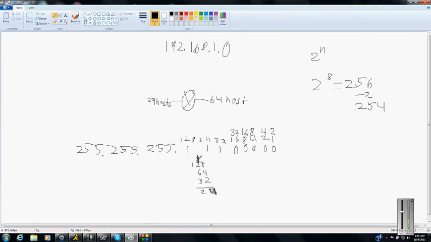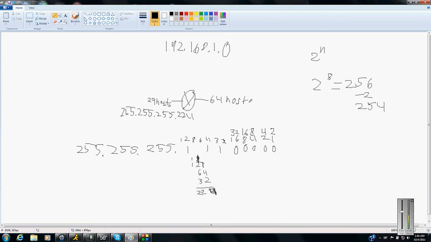That's correct. Yeah. And we carry another 1, and we're going to get 224. Okay, so 128 plus 64 plus 32 is 224, which I knew already. That's why I knew I made a mistake. I have all those memorized. Okay, so our subnet mask for this network will be 255.255.255.224.